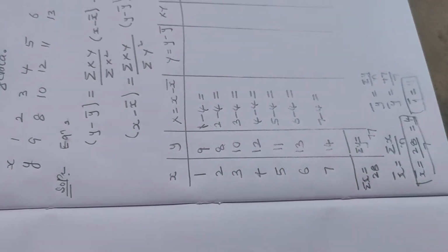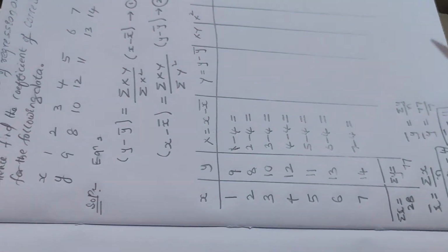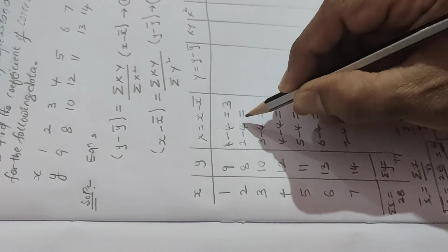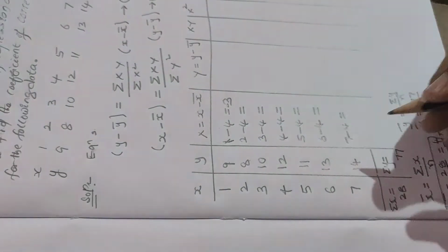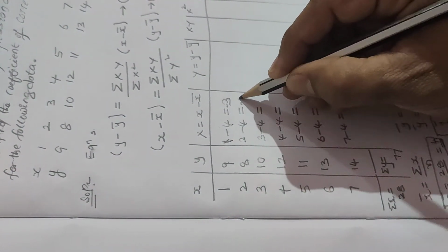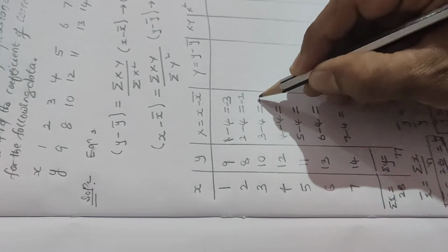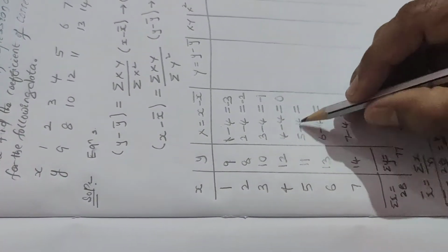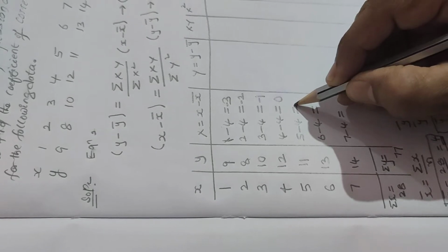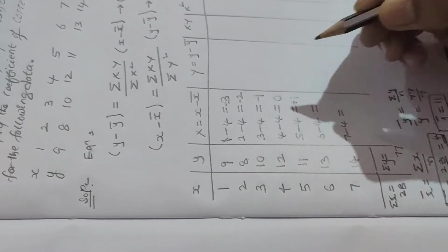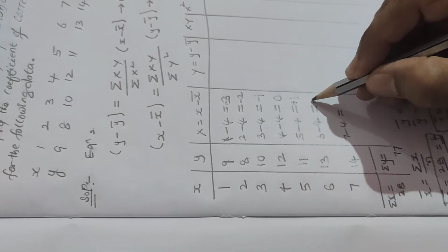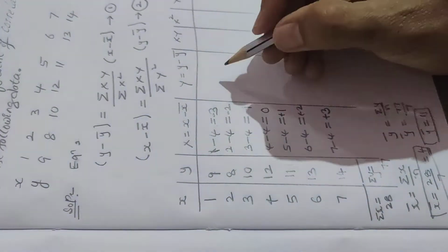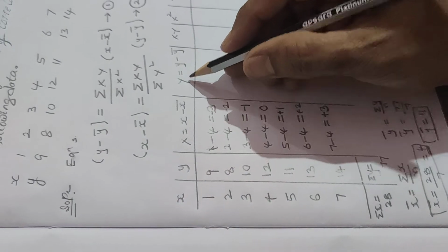Each value I'll subtract the value of x bar from x. So 1 minus 4 is minus 3. Then 2 minus 4 is minus 2. 3 minus 4 is minus 1. 4 minus 4 is 0. 5 minus 4 is plus 1. 6 minus 4 is plus 2. 7 minus 4 is plus 3. Then I want capital Y.